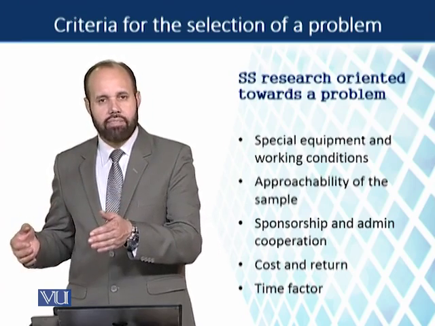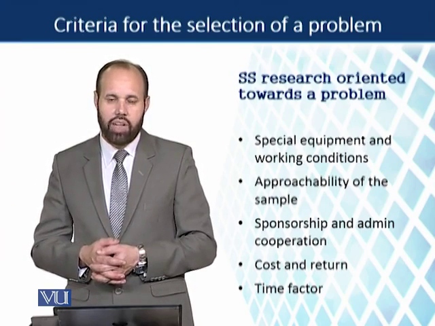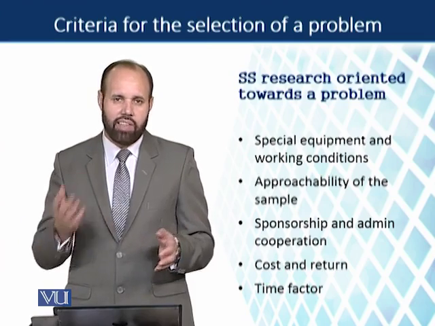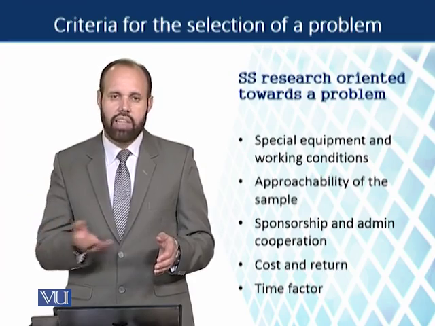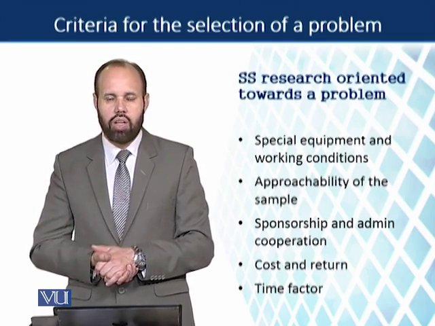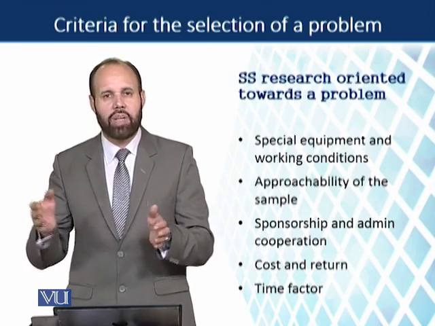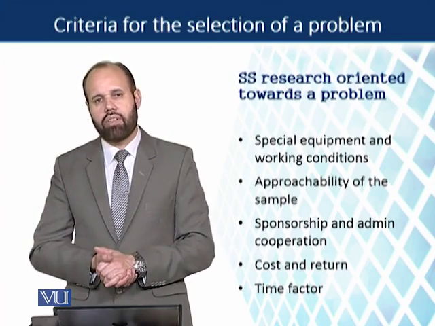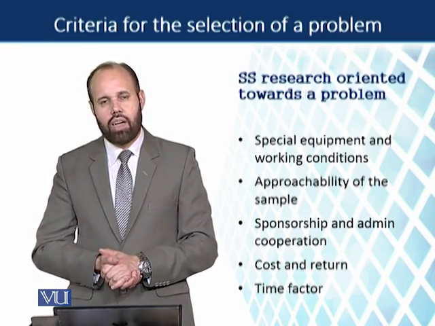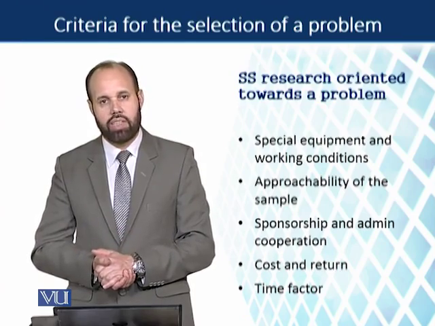An MPhil or MS level research should be completed within 1 year. And a PhD level research must be completed within 3-4 years. 3 years is the major rule, but it should be completed within the time frame appropriate to the level of the research. So these are some of the criteria which must be known to researchers before the selection of their research problems.